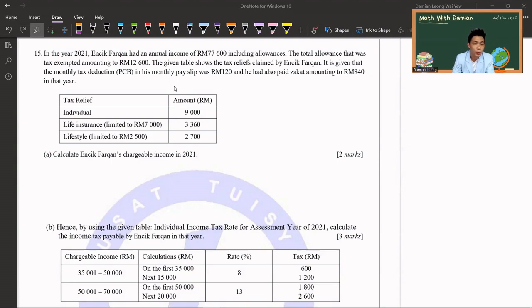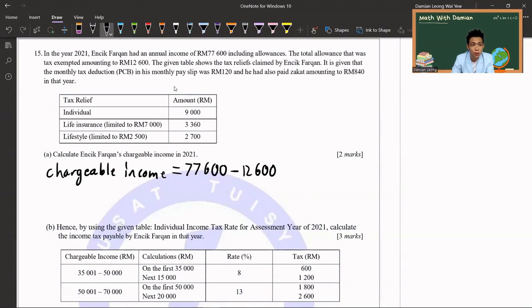So first, we want to look at Encik Farhan's chargeable income in 2021. So his chargeable income would be his annual income, 77,600 minus the exempted allowance, 12,600, and minus all the tax relief.